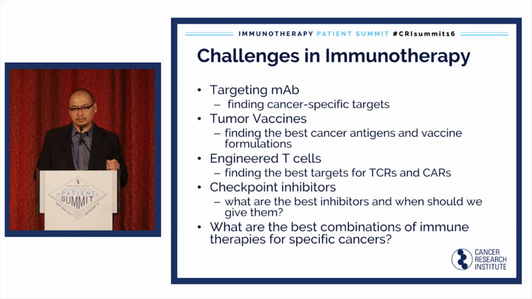For tumor vaccines, again, we need to find the best antigens and the best vaccine formulations in order to generate broad and deep immune responses. Engineered T cells, we're still looking for targets and T cell receptors for specific types of cancers and different types of targets. And checkpoint inhibitors, what are the best inhibitors and when should we give them?